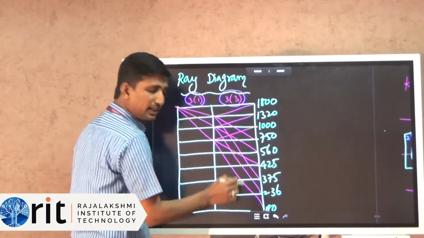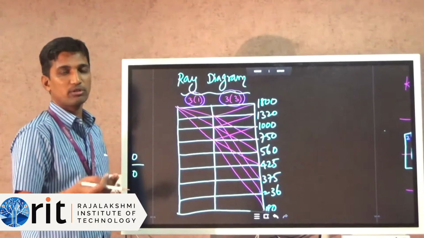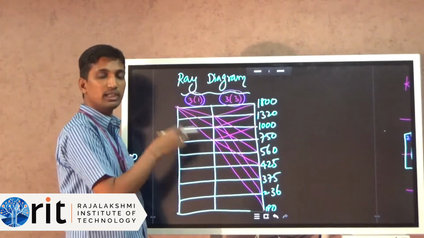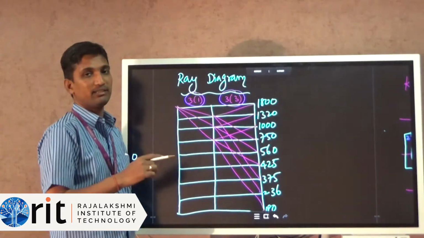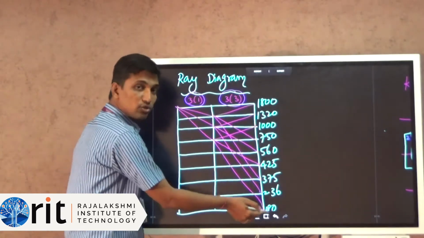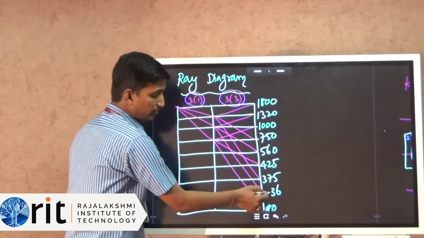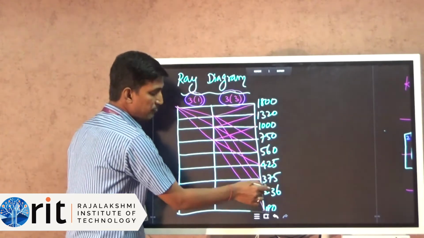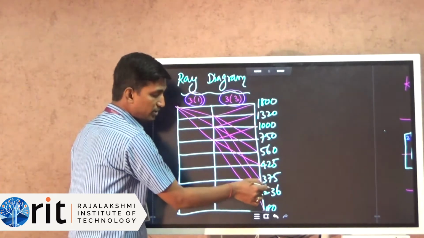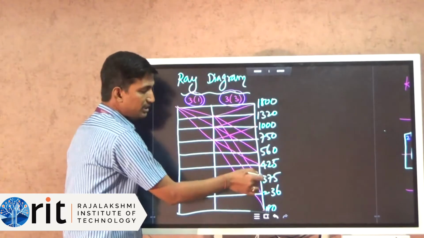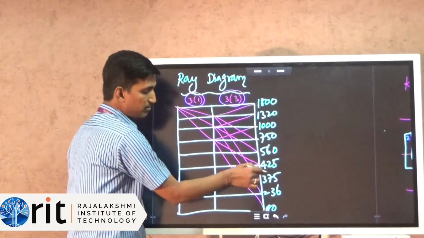Then this 180 has to be multiplied with the progression ratio, which we already found in the problem as 1.33. The multiplication gives the value of 236. Similarly, this 236 multiplied by 1.33 gives 375.